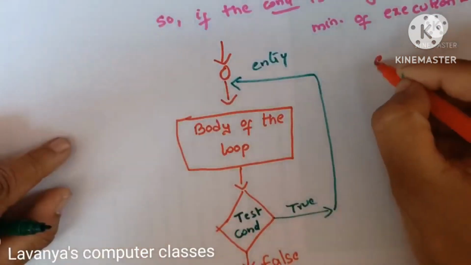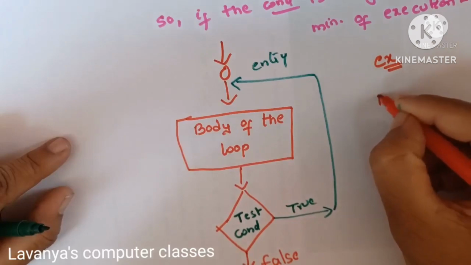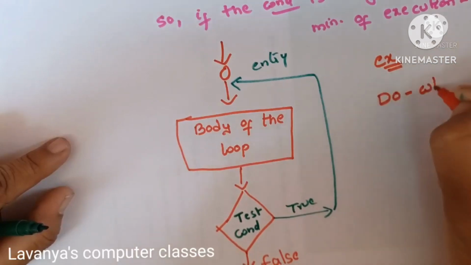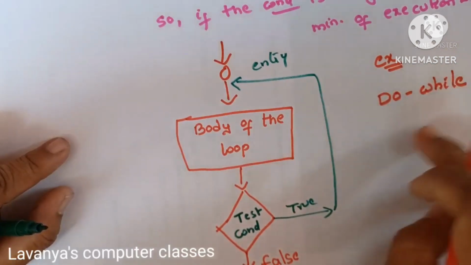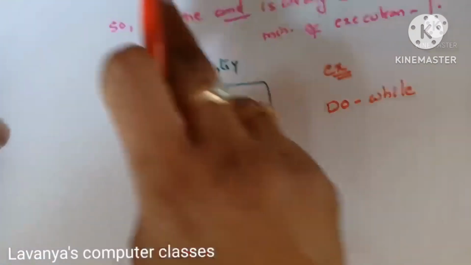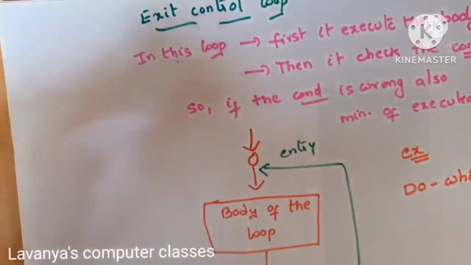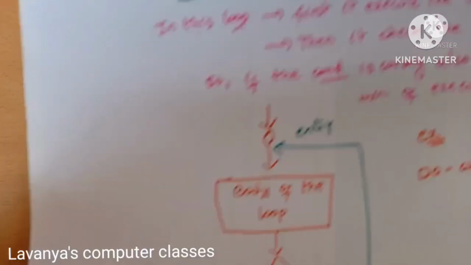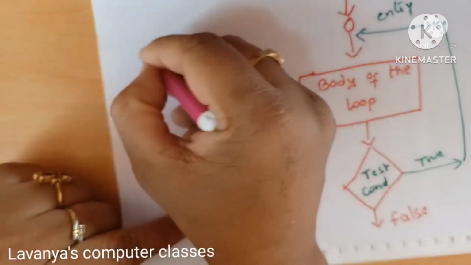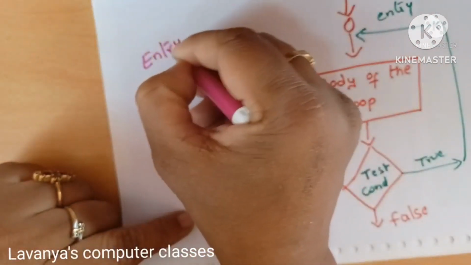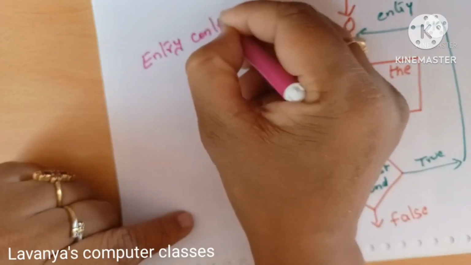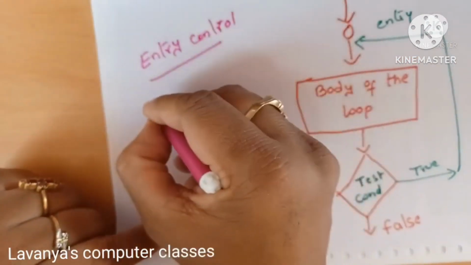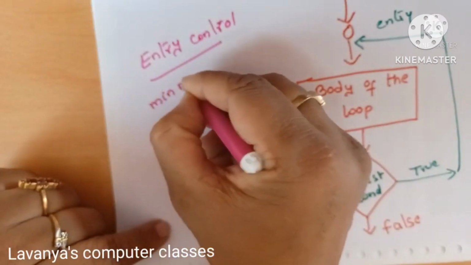So this is the procedure for entry control and exit control loops. The example is do while. Do while is the example for the exit control loop. In the name itself, first do it, after that we have to check. The minimum number of times for an entry control loop is 0, because at the entering time you have to check the condition.